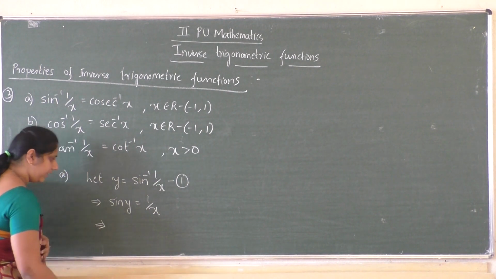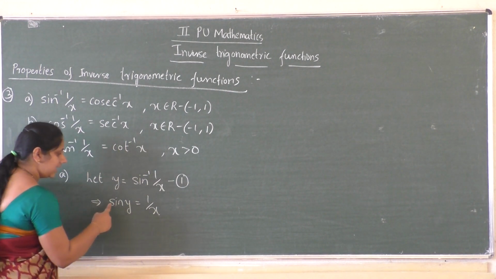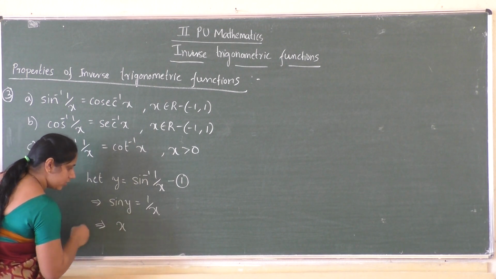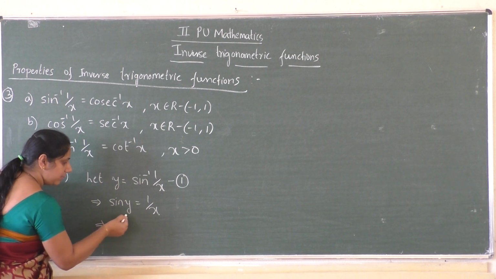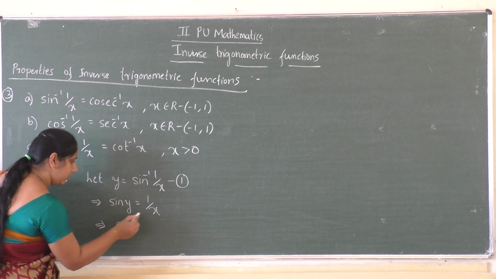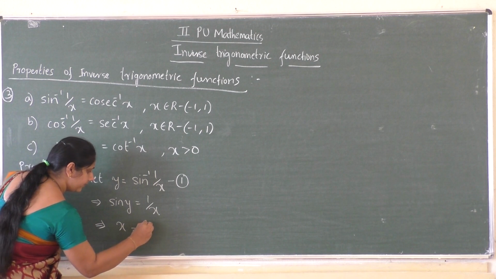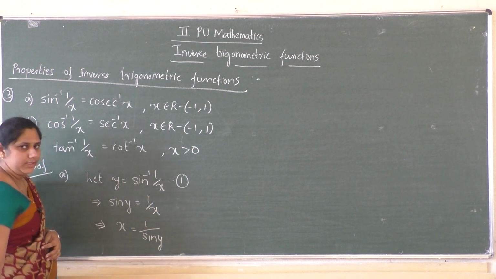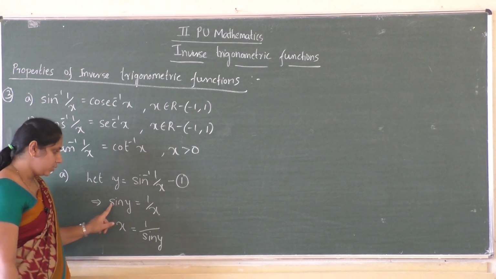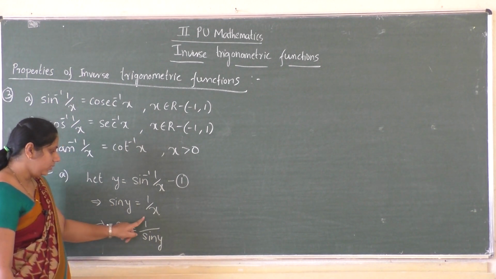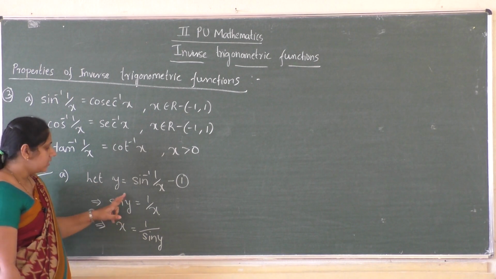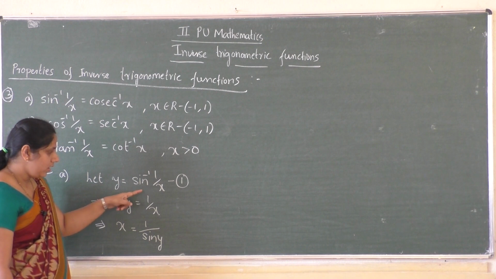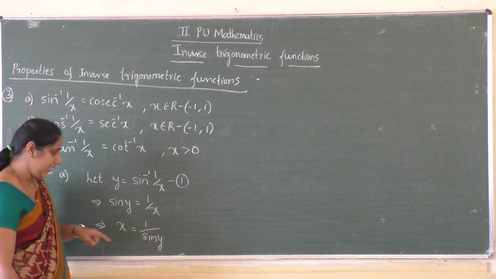Now if we take the reciprocal or just cross multiply this, that is sin y by 1, so x equal to 1 by sin y. Just interchange these two terms, that is x equal to 1 by sin y, or just take the reciprocal, that is 1 by sin y equal to 1 by x is x.